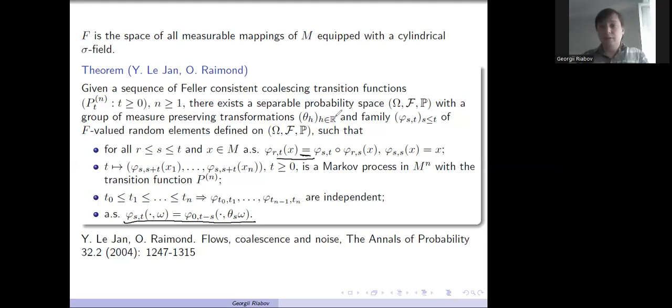So these are, I think, the only two results that consider the construction of general stochastic flows. And we see that in neither of them do we get a flow with nice properties, and we don't get random dynamical systems.